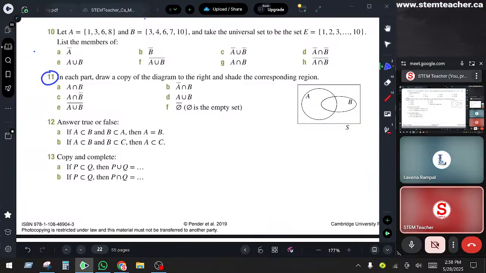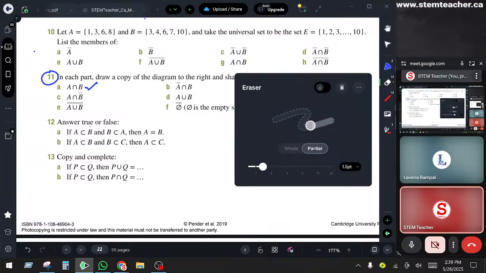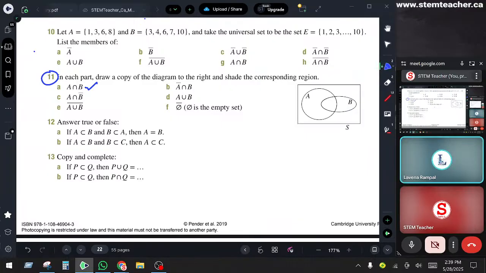What is the corresponding region of A union B? It's this, right? Yes, this is A union B. Next, A complement intersection B. A complement means the rest.